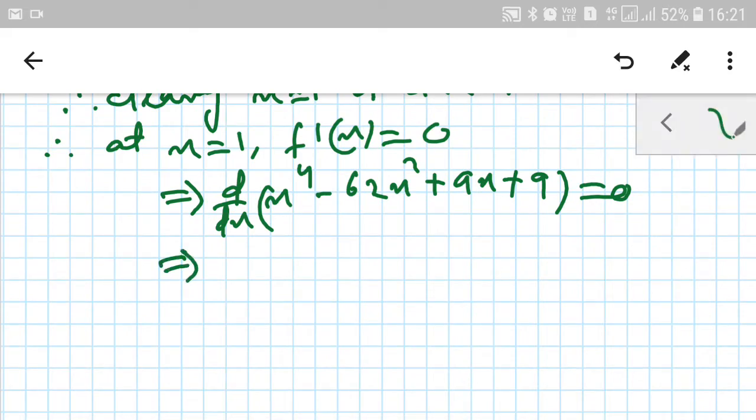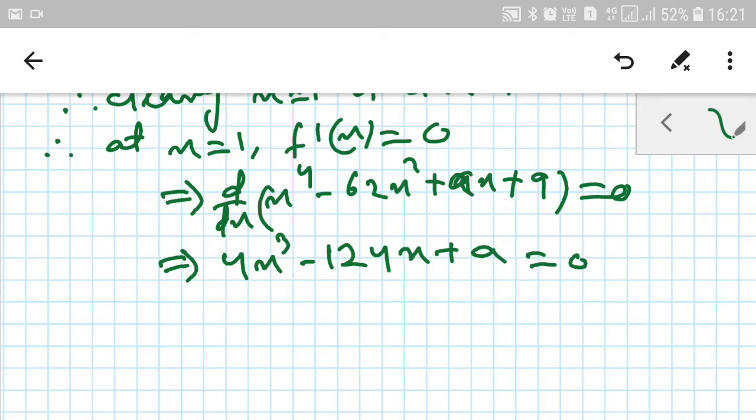Now let us proceed further. Here I get 4x cube minus 62 times 2 is 124 x plus, and this is not 9, this is a. So a equals 0. Now I have to put the value of x as 1 over here, right?